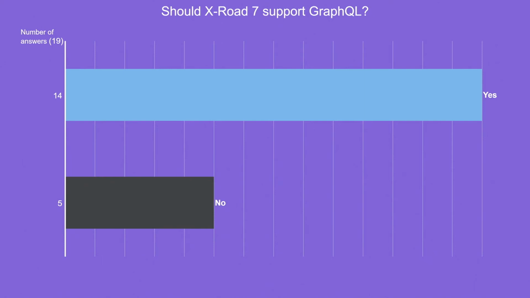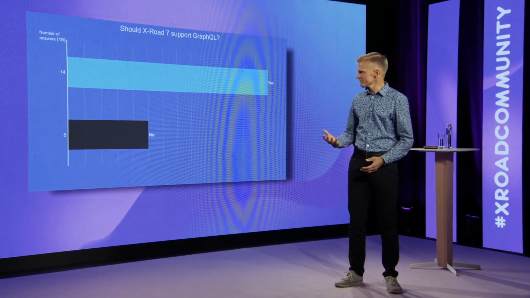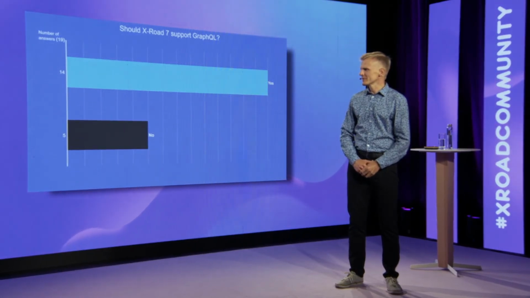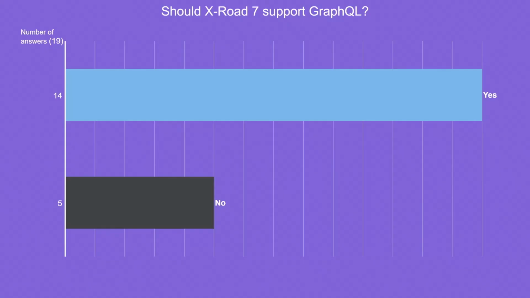What do you think about the no answers? Why would they say that? I think they are happy with REST support. But can that cause any problem? I don't think that adding GraphQL makes something worse.